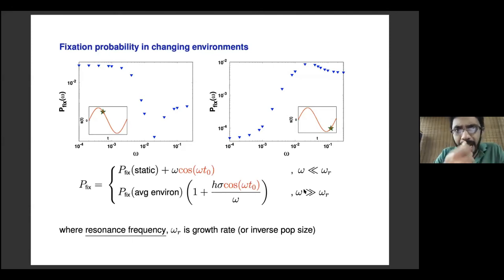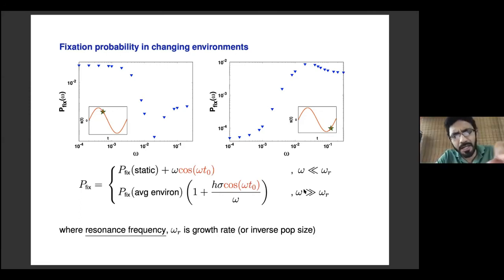Like if I'm adding drugs and then washing the drugs away, sometimes cells can respond pretty instantaneously, and it's not actually feeling the average environment. Yeah, but it depends. I'm not sure, maybe the assumptions are different. But if you have omega to be infinity, basically it's the average, but maybe there's some other assumption which we haven't taken care of.